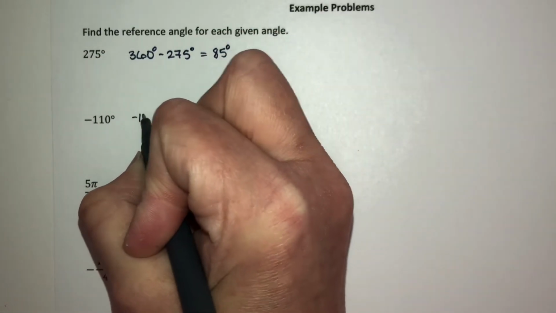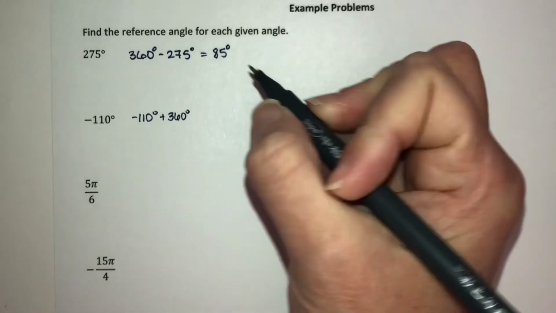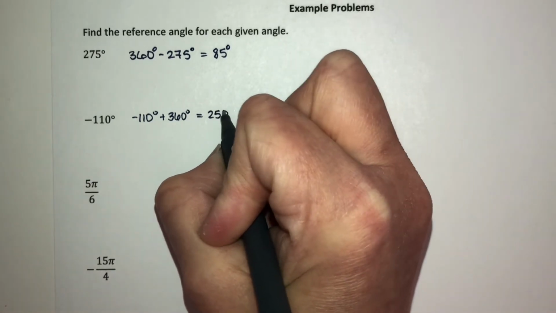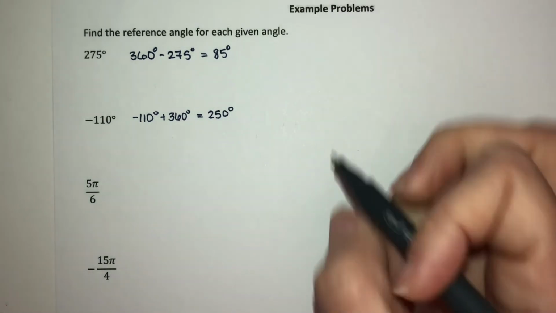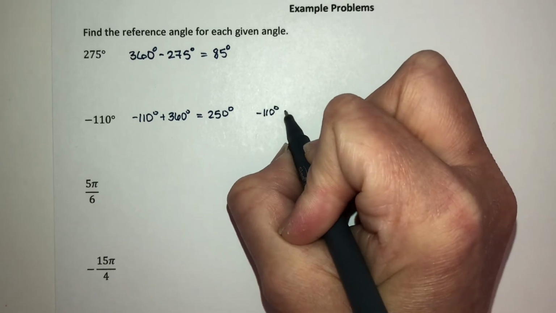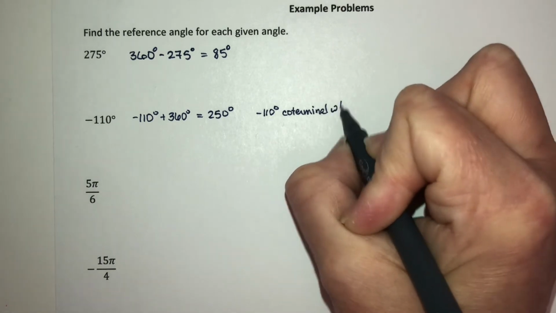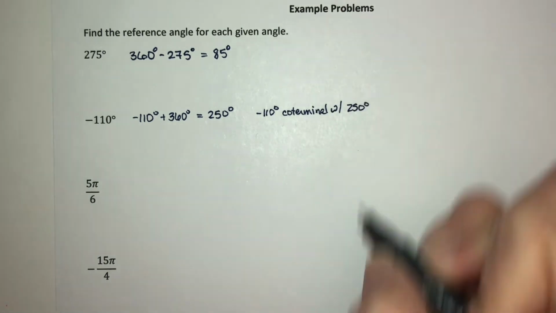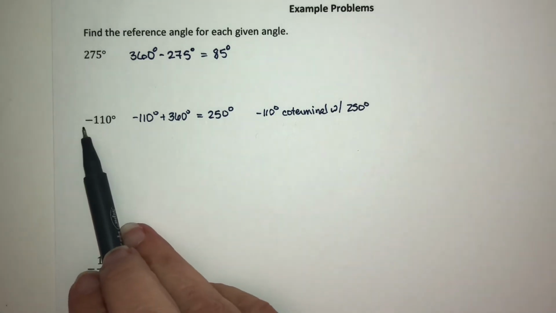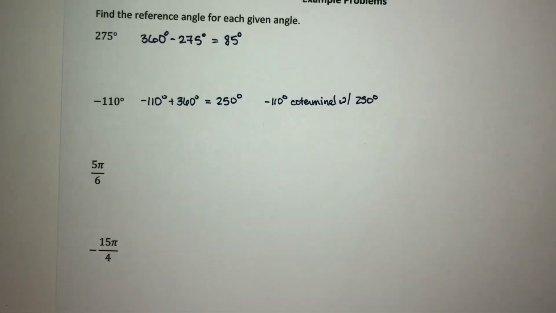If I add 360 degrees to negative 110 degrees, so basically I'm going to go all the way around the circle again, this gives me 250 degrees. Okay, so what I've just done is negative 110 degrees is coterminal with 250 degrees. So if I find the reference angle for 250 degrees, I found the reference angle for negative 110. So which quadrant is 250 in?